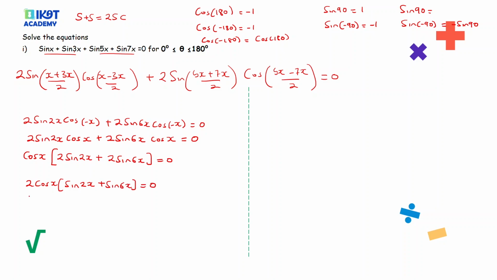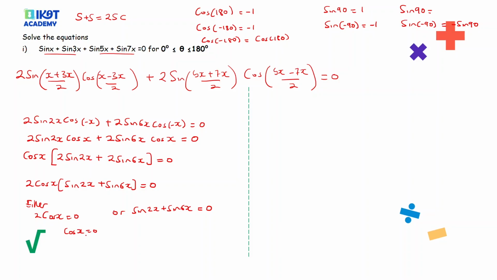So we have either 2 cos x equals 0 or sine 2x plus sine 6x equals 0. We can start with 2 cos x equals 0, so cos x is 0 when the 2 goes to the other side.